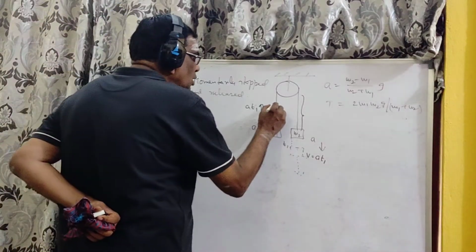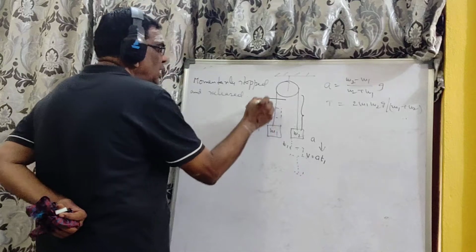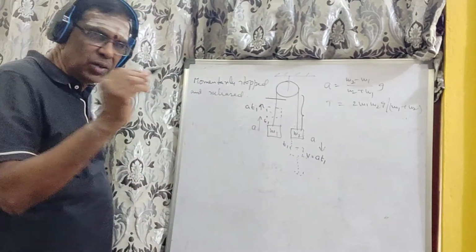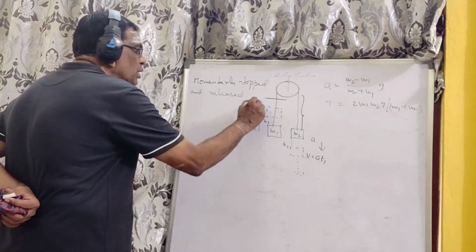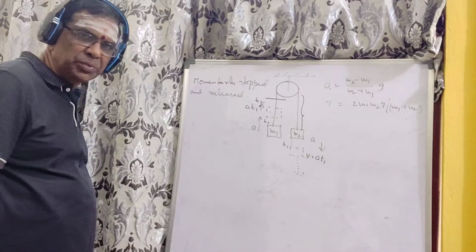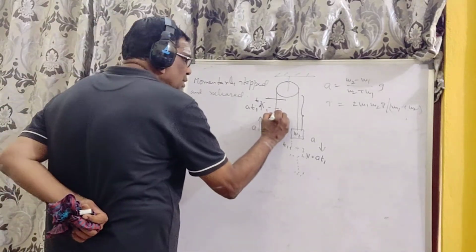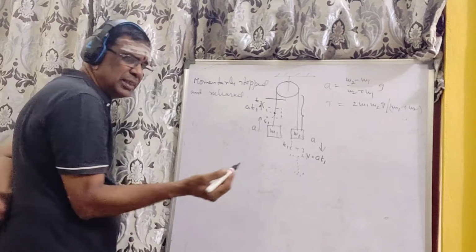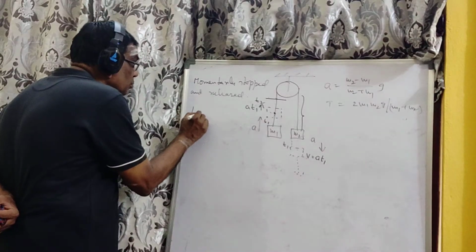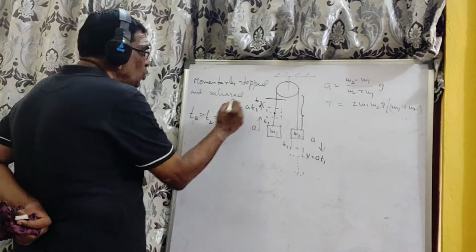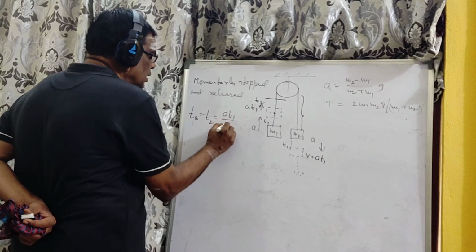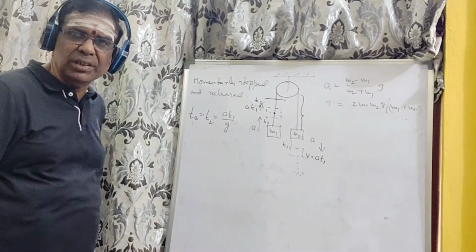So how long does this move? Till its velocity becomes 0. Let us say it will become 0 in time t2. Let us see what is the time of ascent. Time of ascent is equal to u by g. U is AT1 by g. T1 is given to you.